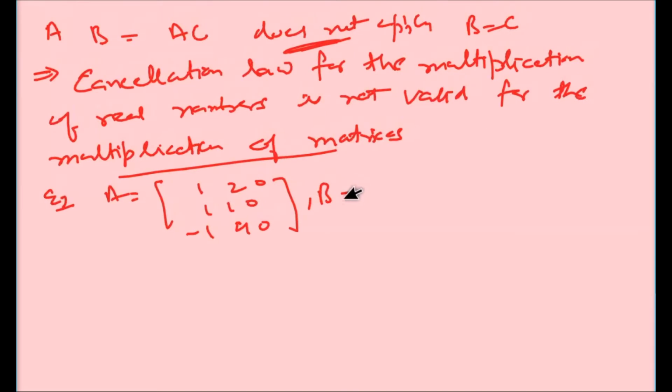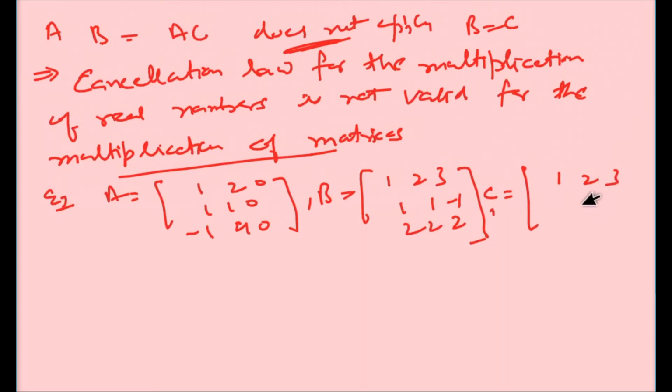Let B matrix be 1 2 3, 1 1 minus 1, 2 2 2, and let C be, for example, 1 2 3, 1 1 minus 1, 1 1 1.